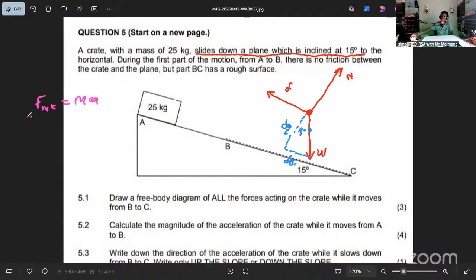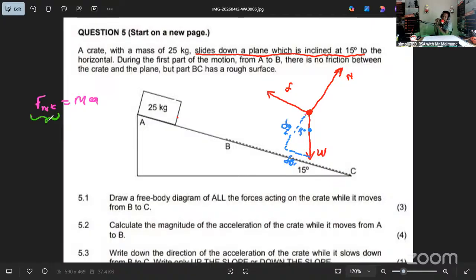So the punchline of the question, the way I say it, is from your vector diagram, because the important part is this part. On that side, you know, the M is always going to be 25. Acceleration is just acceleration. But if you get the part of the F net wrong, it messes up everything. For you to get the F net correct, it depends on how your diagram is.